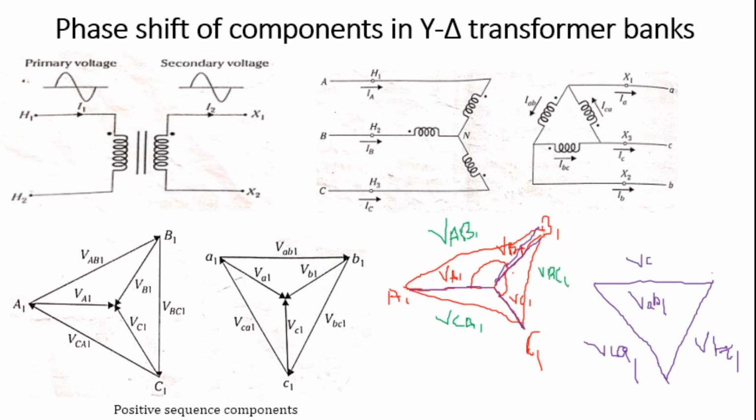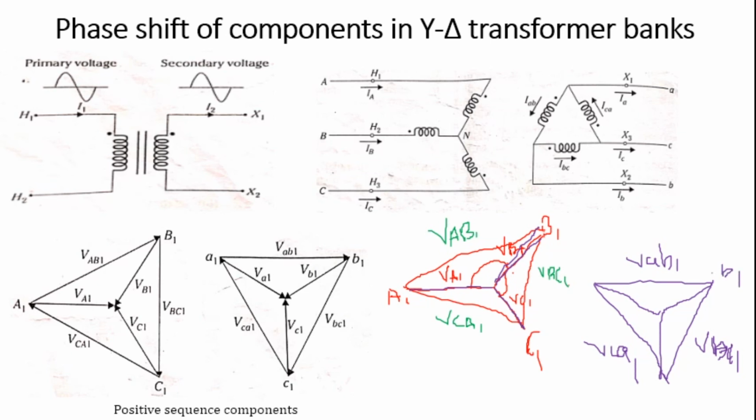So how do we write the star connected values at this point? Once again, this is VAB1. Simply draw a star connected network inside this figure. What is the common terminal between these two? This is VBC1 and this is VAB1, so this becomes VB1.